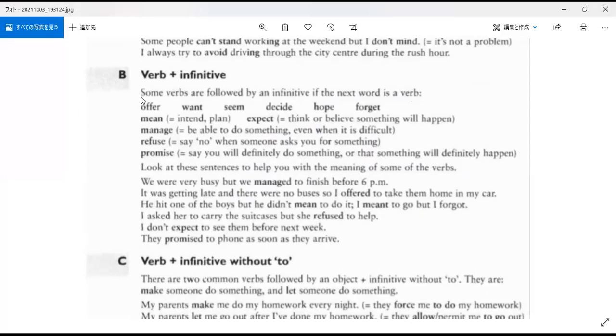Jadi infinitive itu adalah like verb that always followed by to. Offer to, want to, seems to, as you can see, manage to, see, offer to, mean to, refuse to, expect to, promise to.